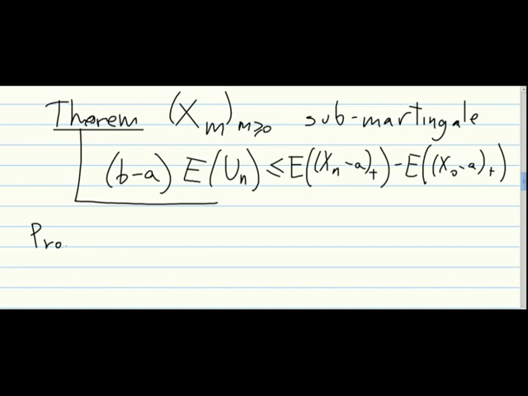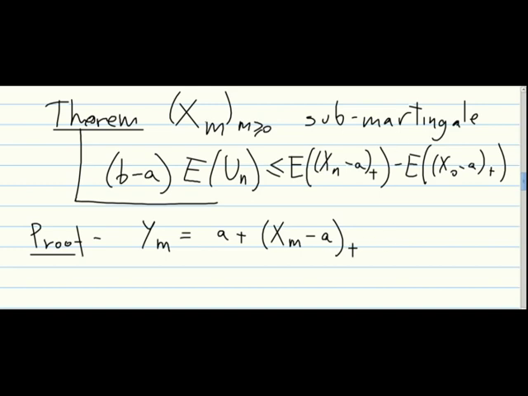So let's go straight to the proof. So we define another process, Ym, which is just going to be A plus Xm minus A positive part. The reason we do this is first we are trying to center things around A, so to say, but we also want to keep the property of being a sub-martingale.